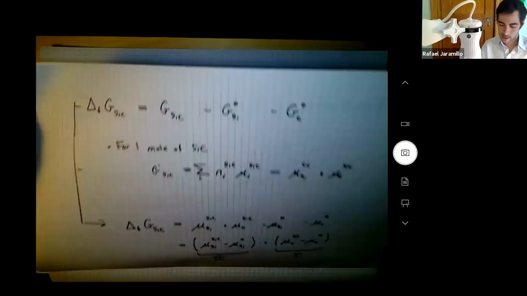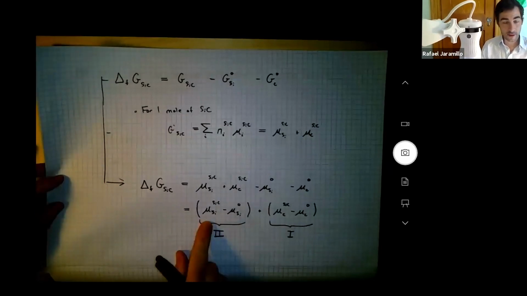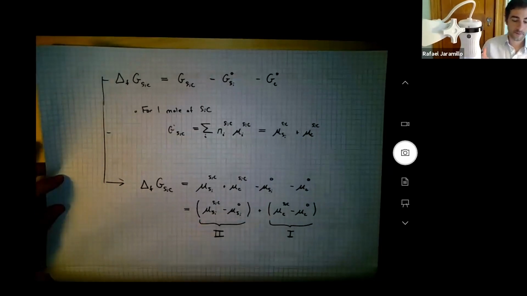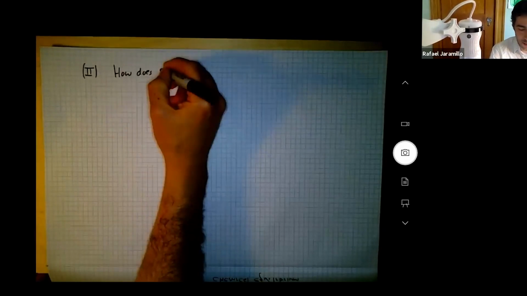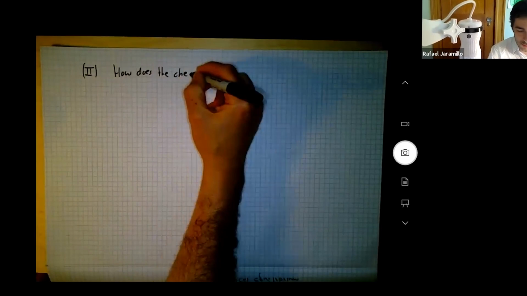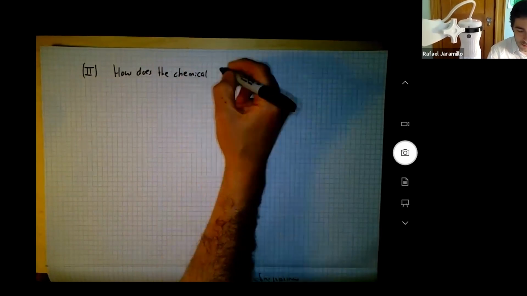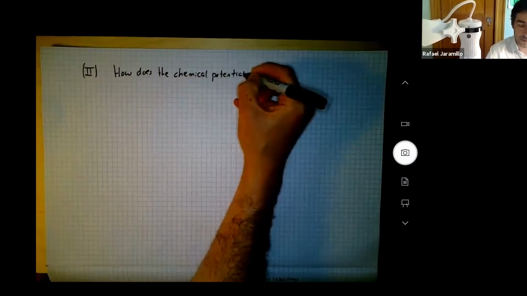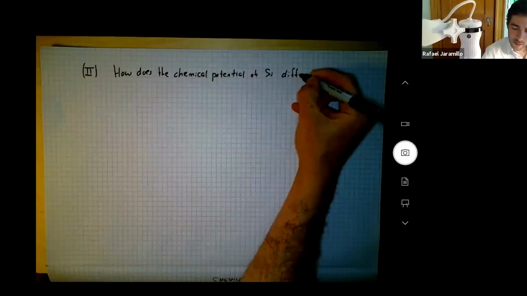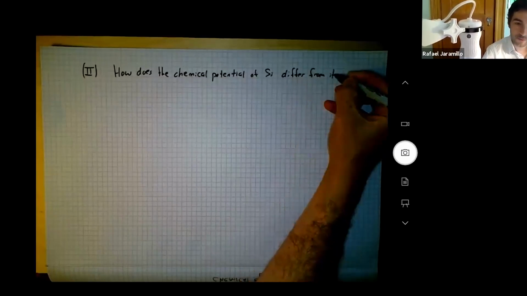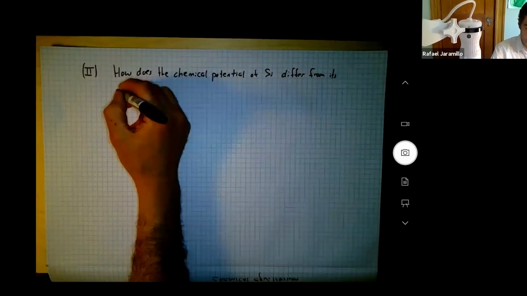Part 2 is the difference in chemical potential for silicon between the compound and its pure state. So I'll write that out in words. How does the chemical potential of silicon differ from its pure reference state?